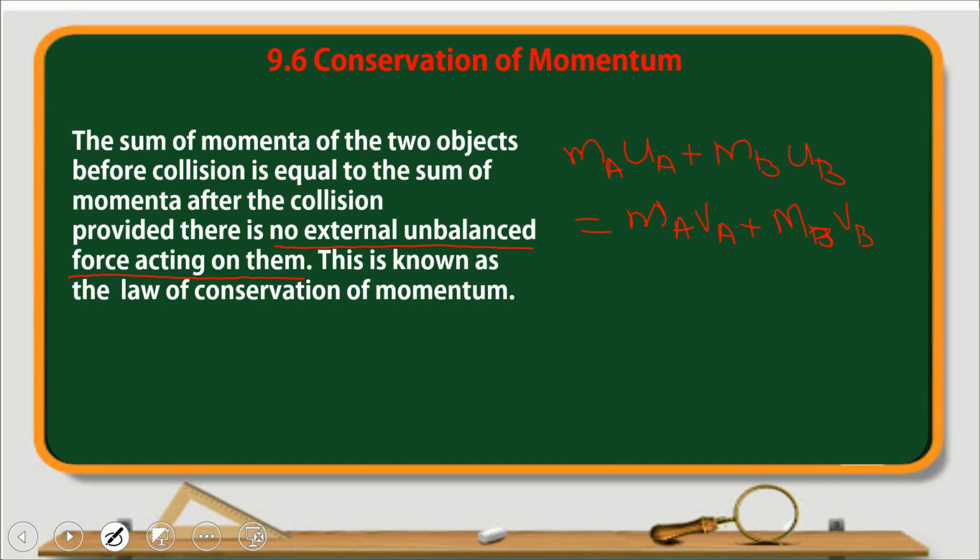The marble B must be exerted by the force of marble A only. No other force must be exerted at this time. This is called the law of conservation of momentum. Sure, I hope you understand it well.